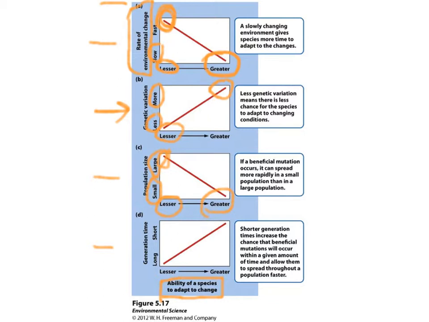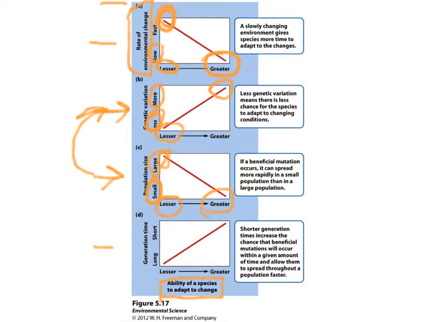So these two right here sort of conflict a little bit, and so you have to think of population size in a sort of weird way. We know that if it's a small population size, that likely has less genetic variation, and that can be detrimental, and it would decrease the ability of a species to adapt to change.